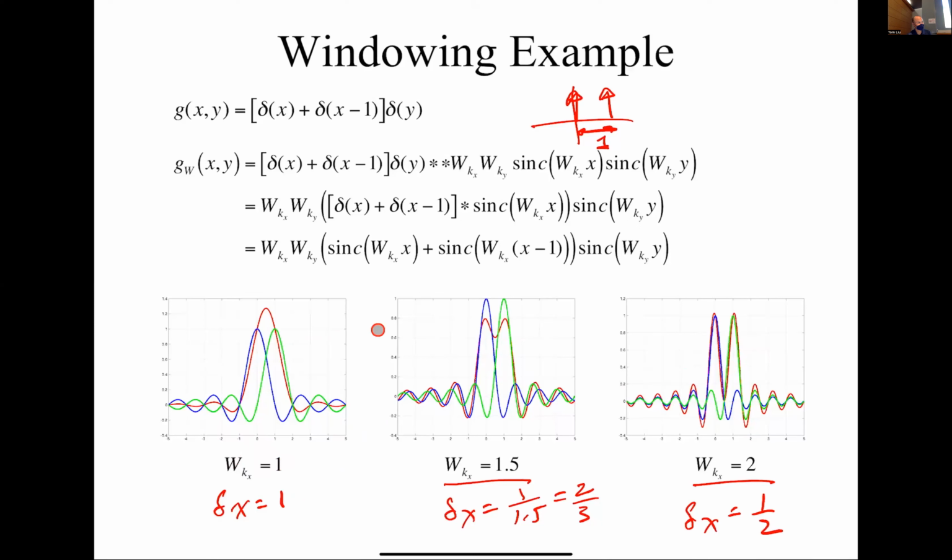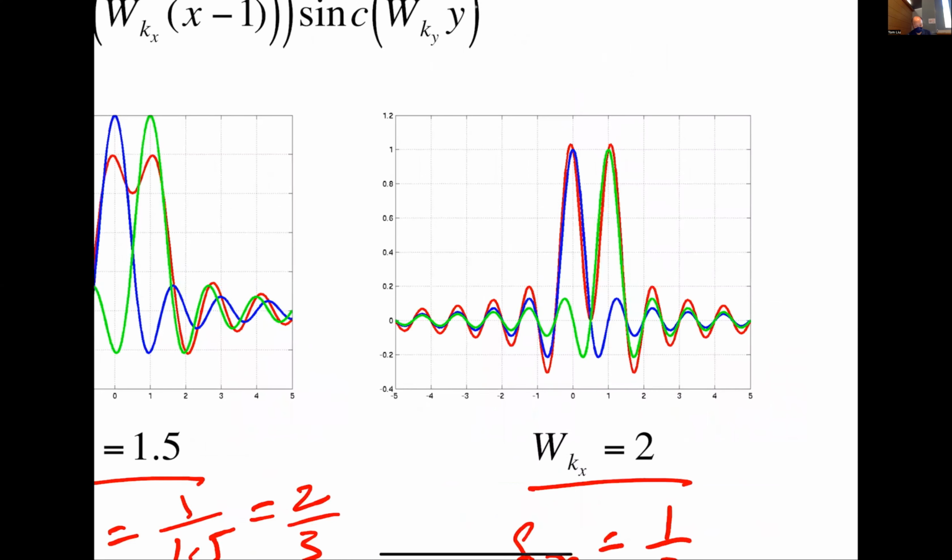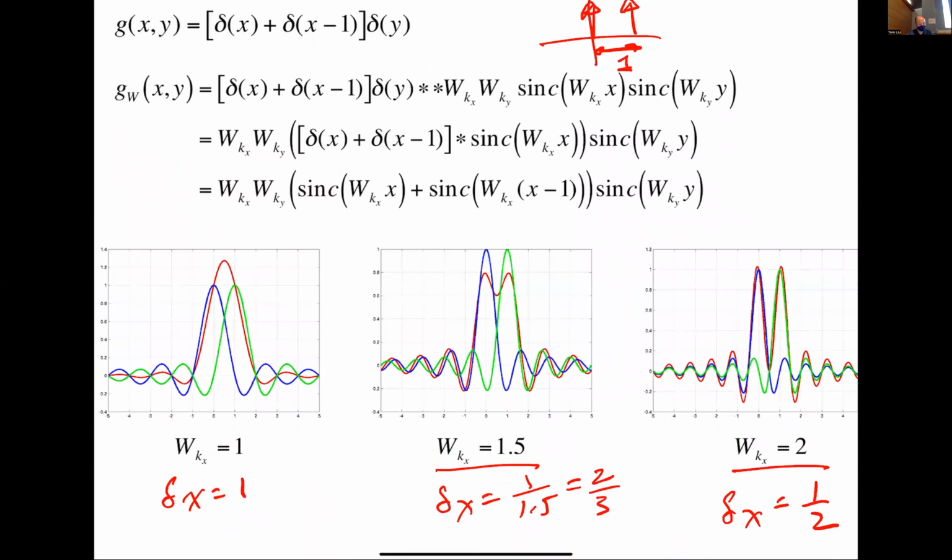So I noticed in the WKX equals 2 regime, where delta x is half, we have the zeros for the same function kind of aligned up. So you have orthogonal functions. Is that the limit where you get to distinguish the 2 spread functions? No, you can still distinguish them here, even in the middle, right?